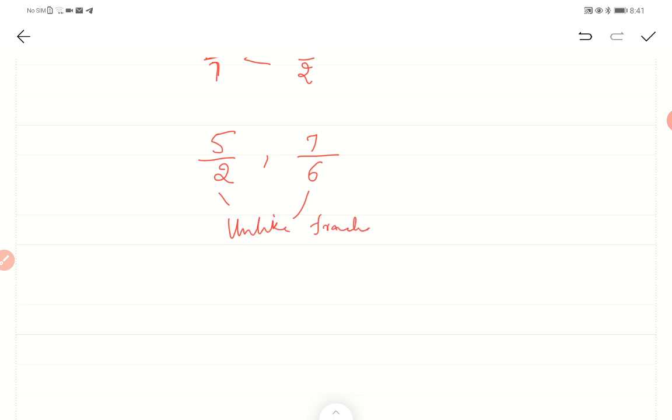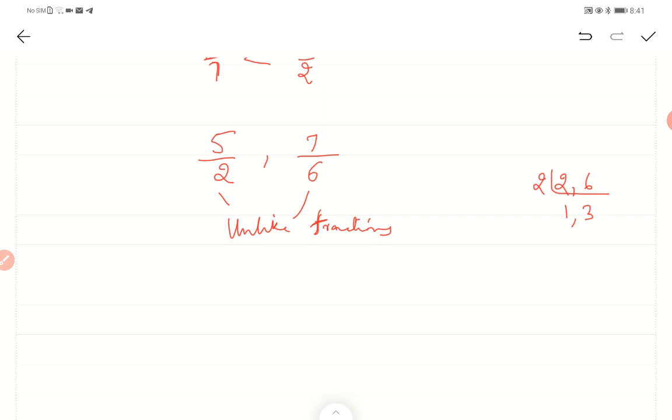For these fractions, you will take the LCM, or you can get the multiples. Let us go by the LCM method. We have 2 and 6: 2 ones are 2, 2 threes are 6. So my LCM is 6.